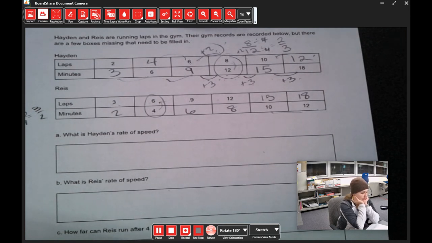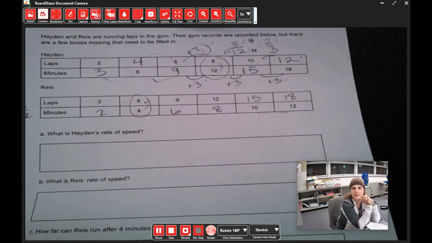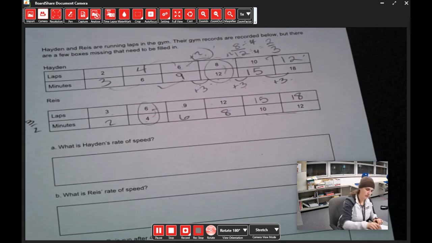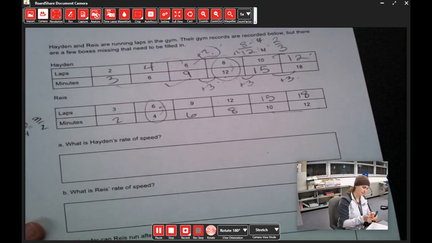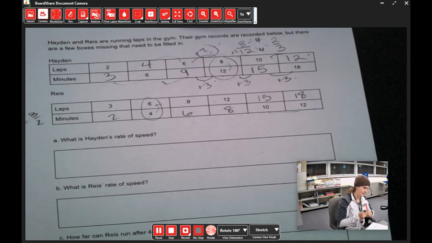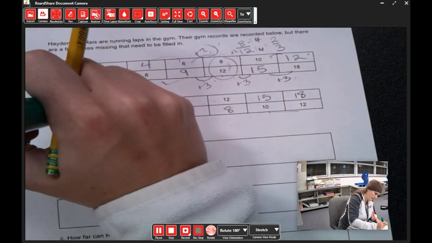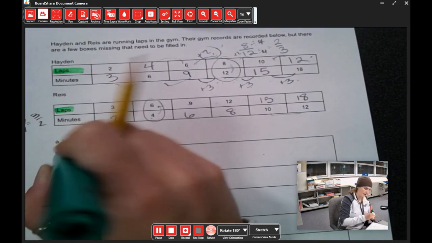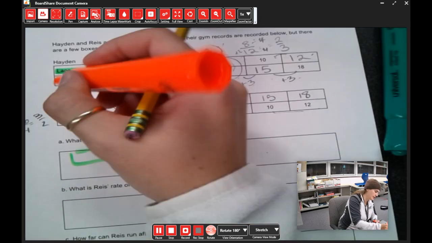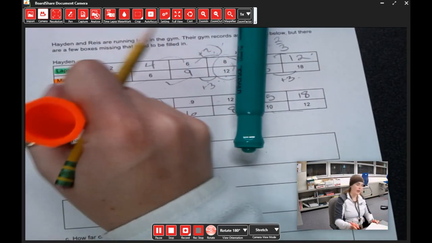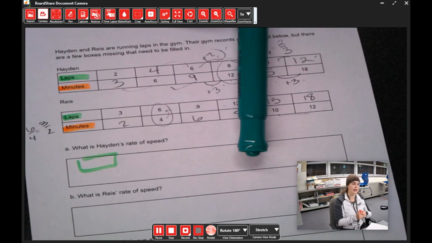So what is Hayden's rate of speed? Now, rate of speed, you usually have time second. So laps per minute for Hayden. It's going to give me her rate of speed, but I have to figure out how fast she's going in 1 minute to find out her rate.